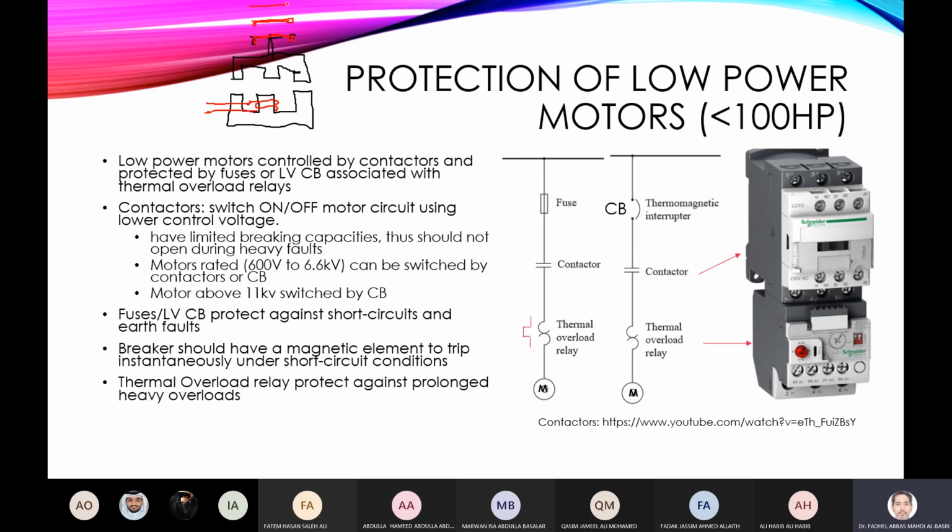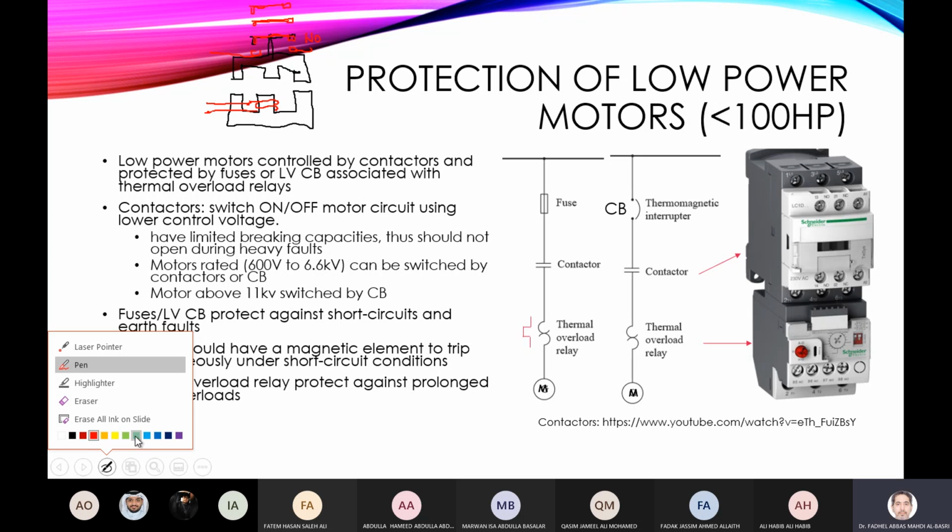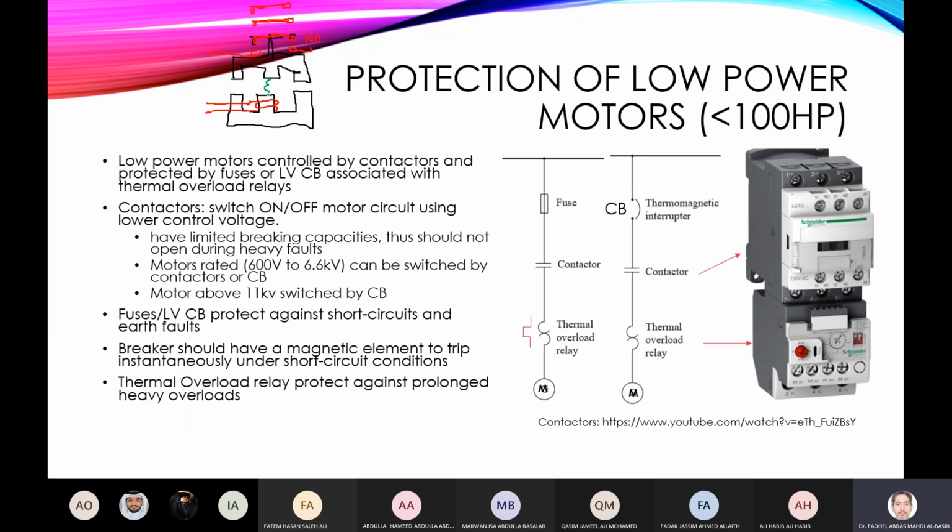Let's say some of them are normally open, like this one. So this is a normally open contact. If you energize, the upper core will be attracted to this. I have a spring also here, so the spring keeps the contacts open.